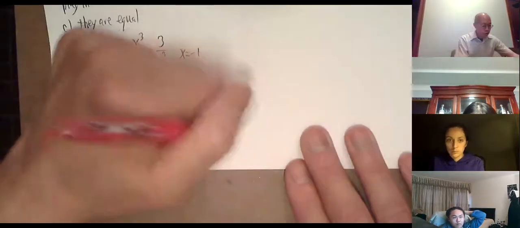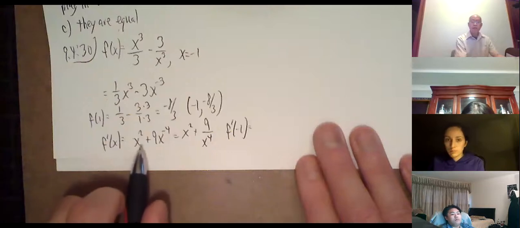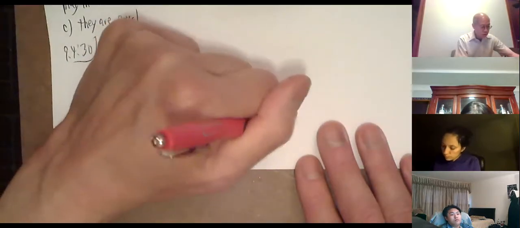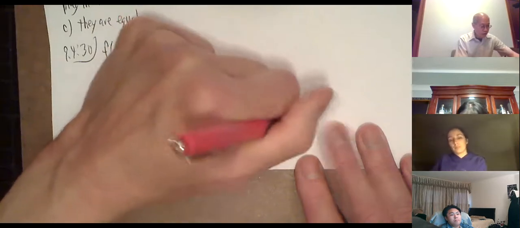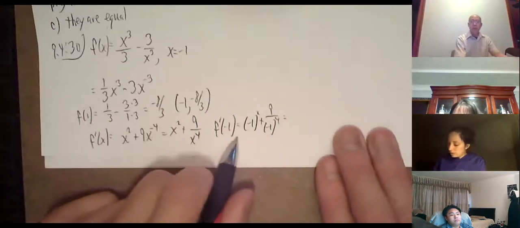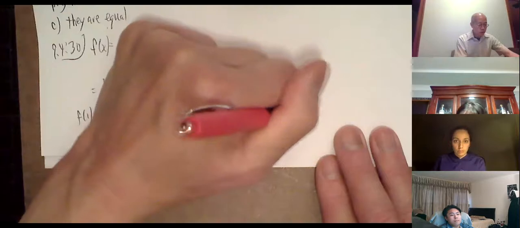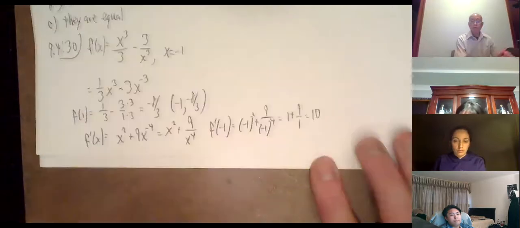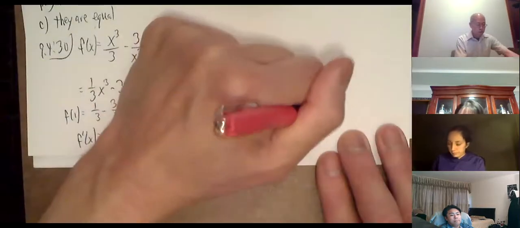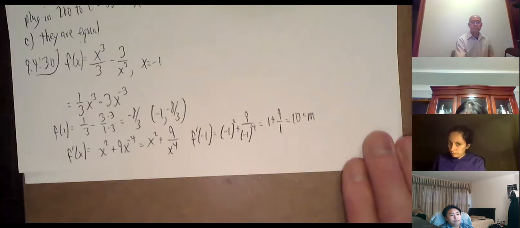Now I plug in -1. So -1 squared plus 9 over -1 to the 4th power, which is 1 plus 9 over 1, or 10. That's my slope.